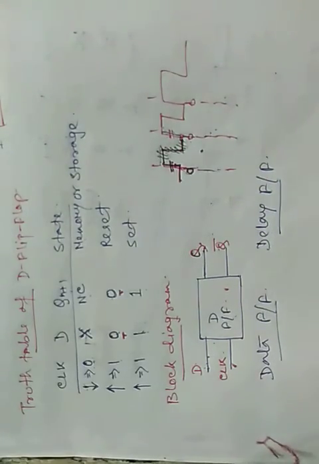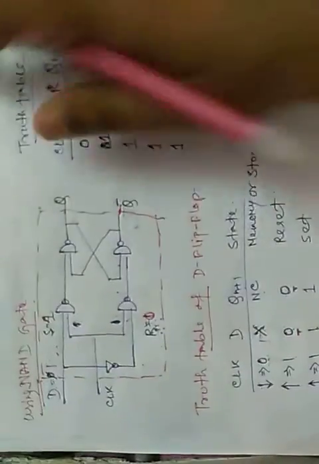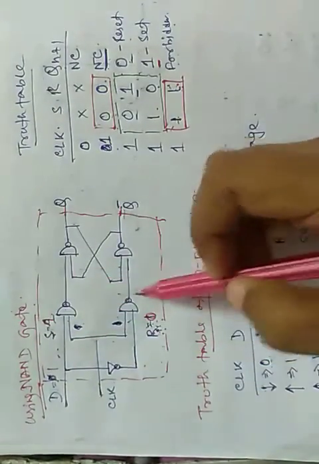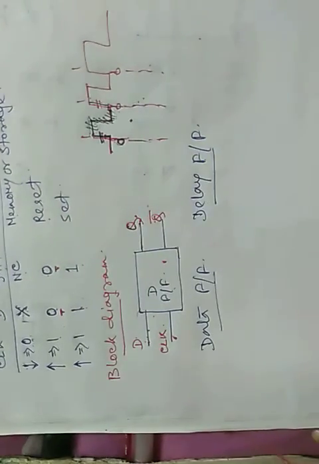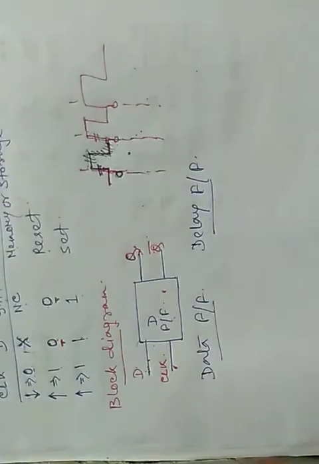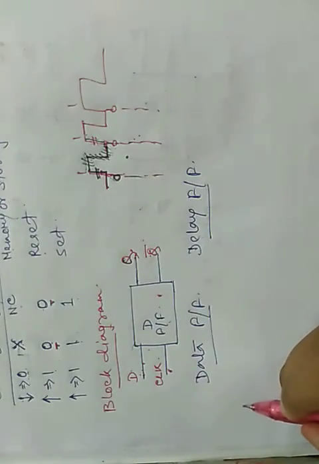Okay, so this is the circuit diagram of the D flip-flop using NAND gate. Similarly we get the same truth table and same block diagram by using the circuit diagram of NOR gate.